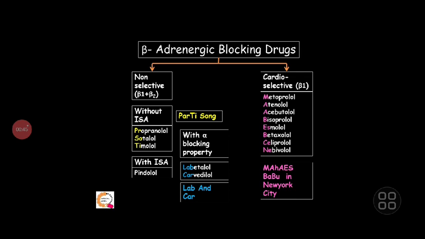So in a non-selective one, the term is ISA, which means intrinsic sympathomimetic activity. So first I am talking about this intrinsic sympathomimetic activity. What is this? Let us discuss this.